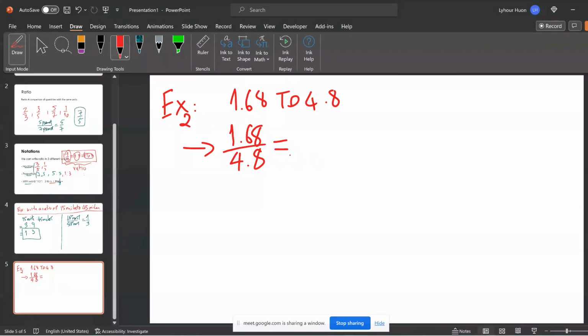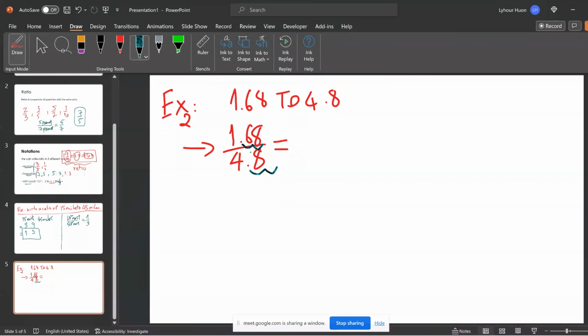To get rid of the decimals, the numerator has 2 digits after the decimal, correct? To get rid of these 2 digits, the denominator has to go 2 digits too, right?